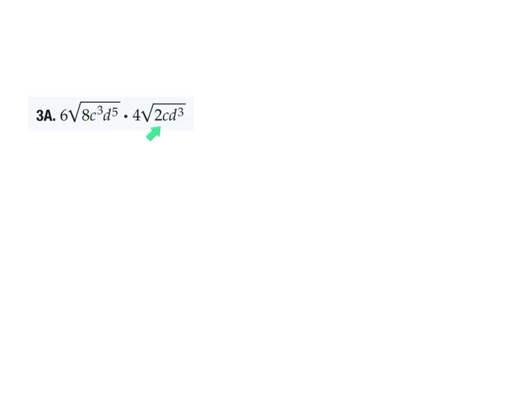So then on the insides I'm going to multiply as well. So 8 times 2 is going to give me what? 16. C to the third times C. Nope. C to the fourth. Add the powers. D to the fifth times D to the third. D to the eighth. So that's what I'm going to get when I bring them all together.